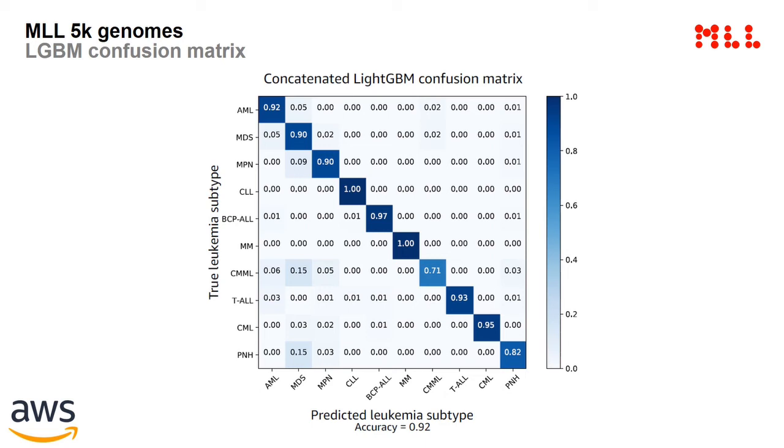It's not all one in these boxes here, but it's quite understandable that if we see AML is 0.92, and some of the AMLs are classified as MDS or CMML, we know from our gold standard thresholds and experience that this is quite a neighbor of AML, and therefore we will improve this technique on one hand and also challenge the gold standards on the other hand by using such tools.